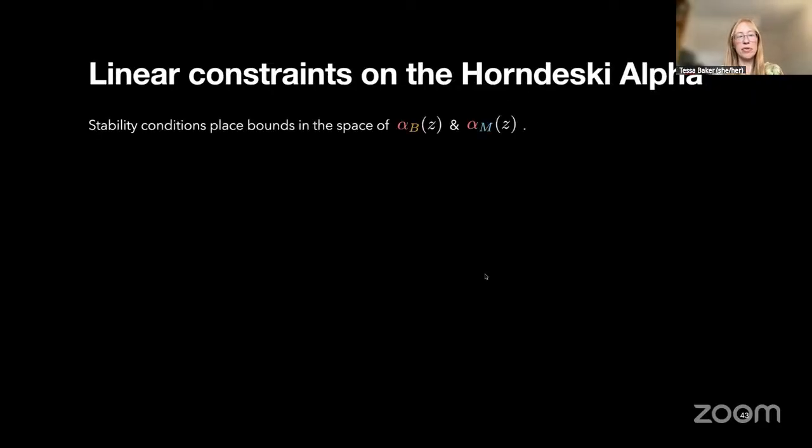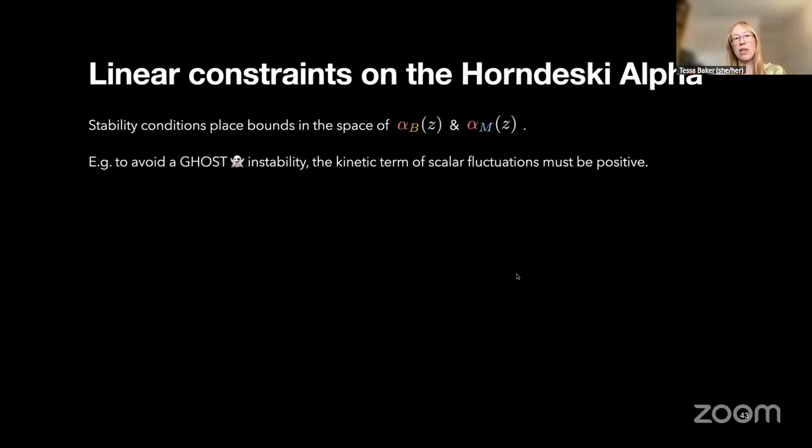Okay, first of all, we have a restriction on the space of these functions coming from stability. So what is stability? When we build a theory of gravity, there are certain restrictions we have to obey that ensure we are free from instabilities, so negative energy modes in our theory, for example.